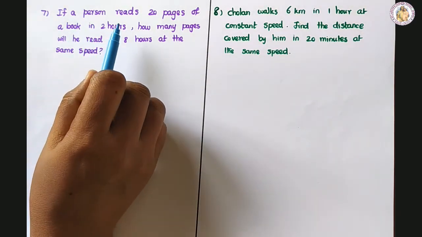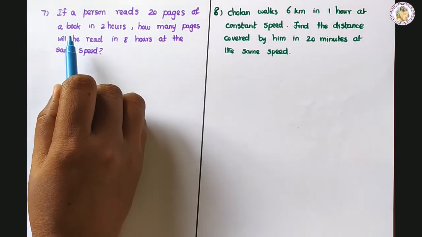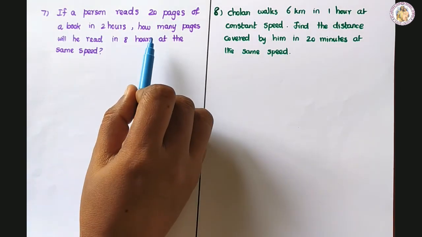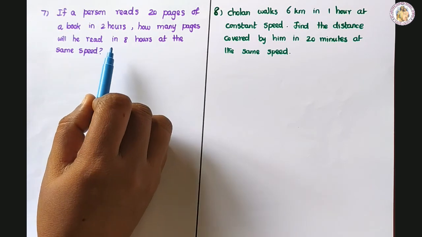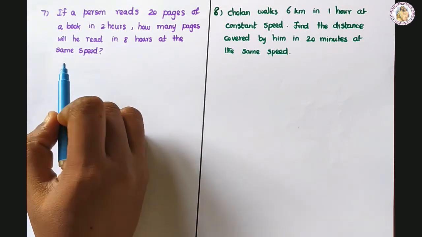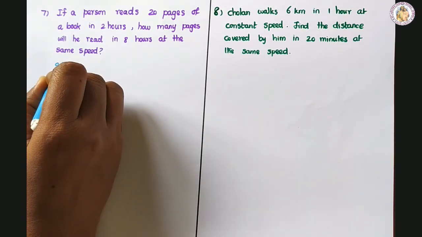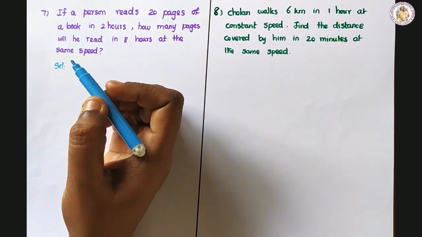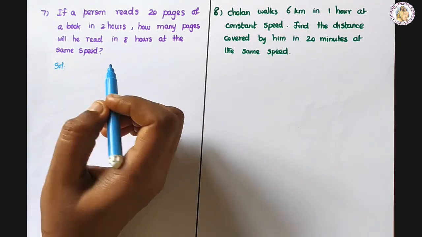If a person reads 20 pages of a book in 2 hours, how many pages will he read in 8 hours at the same speed? Listen. This question is solved by the unitary method.